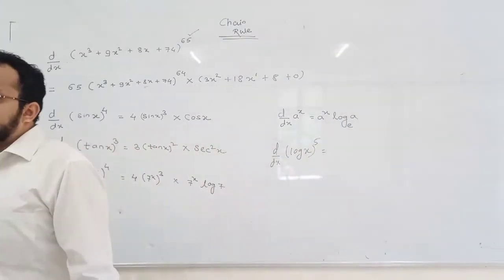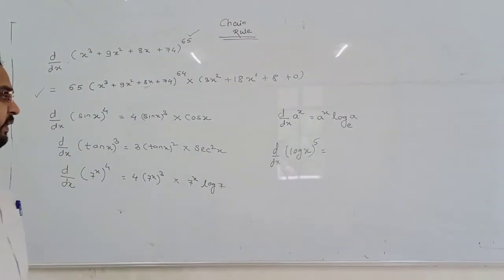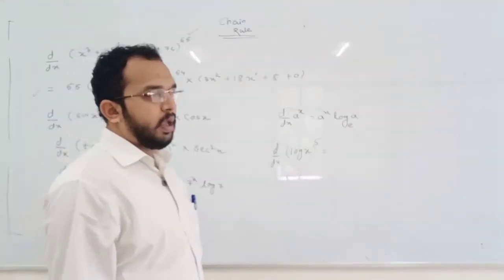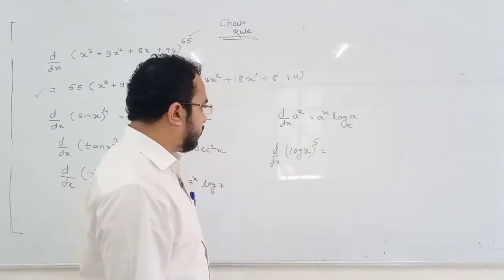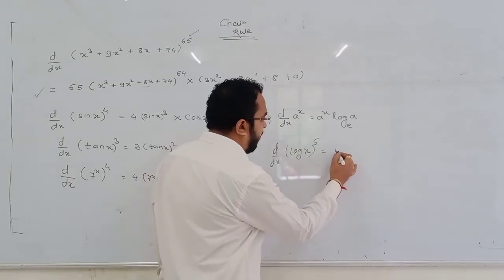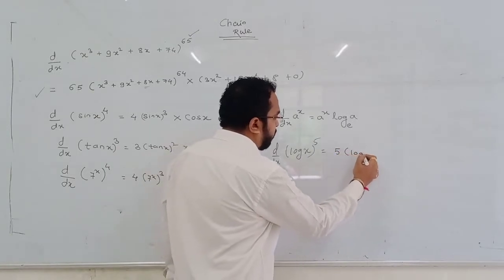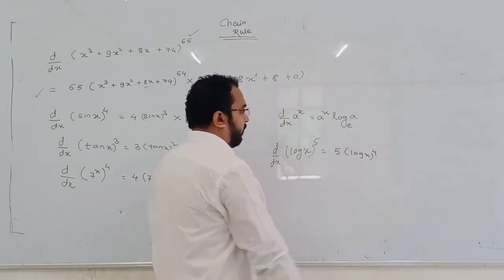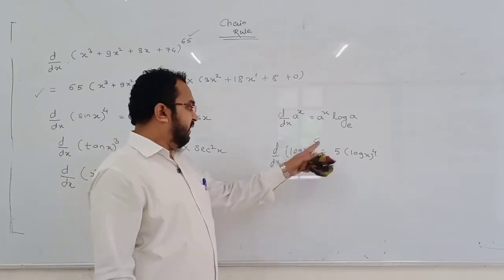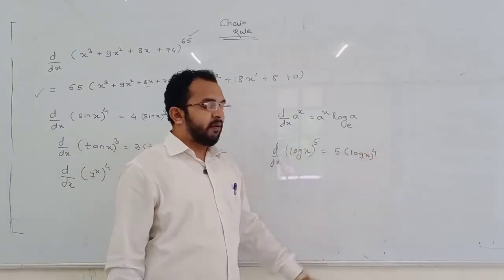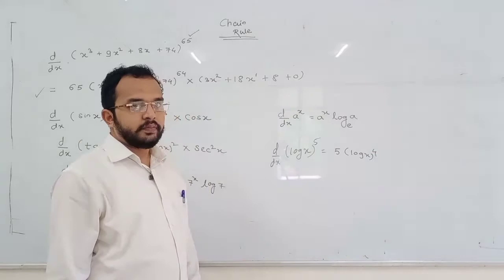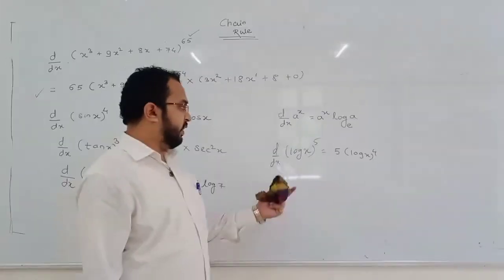Now something has a power, that something is log, something is not x. So first apply the power rule. 5 log x to the power 4. Take the power in the numerator and reduce the power by 1. Okay, this is the differentiation.